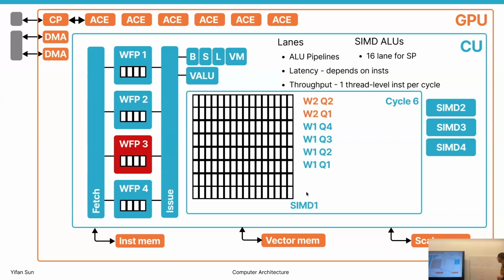One quick thing: if you consider the number of SIMDs per CU, here is 4, here is also 4.